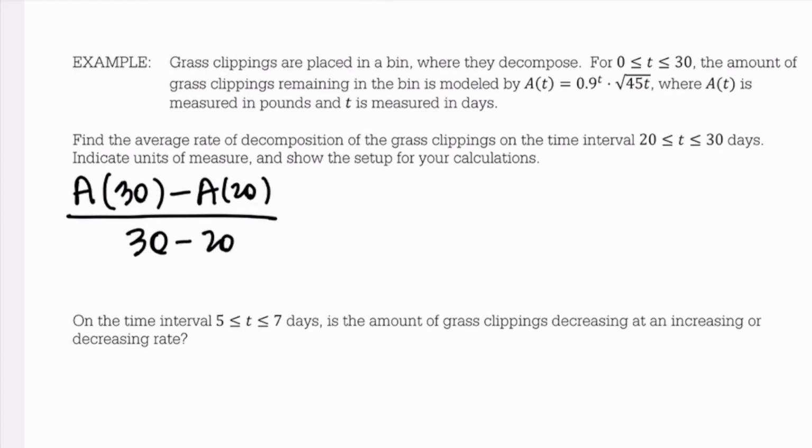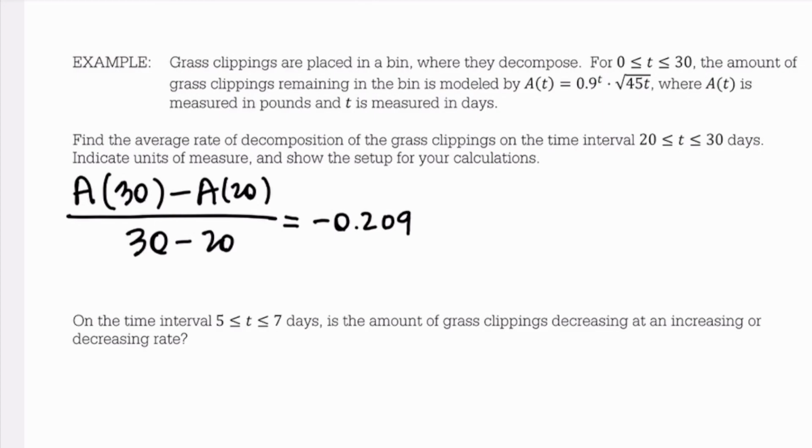Or probably I should do A of 30 minus A of 20 divided by 30 minus 20, because we're looking at that time interval. But I go and do that in the calculator, and I'm going to get negative 0.208 or negative 0.209. So negative 0.209.